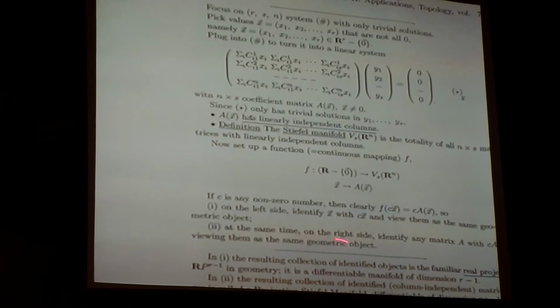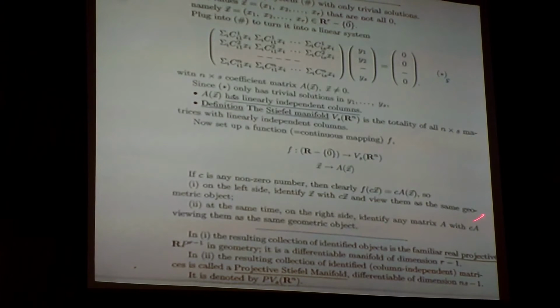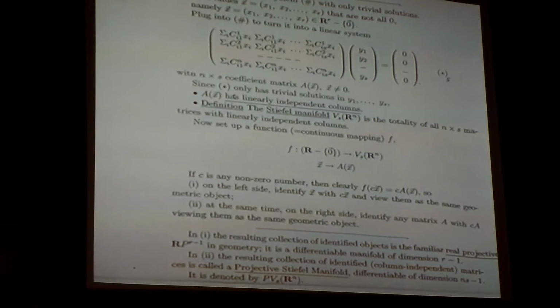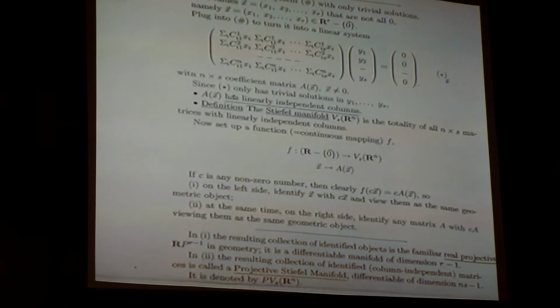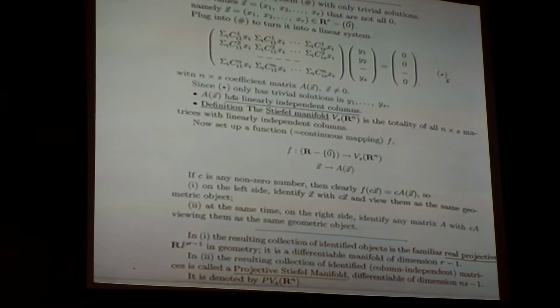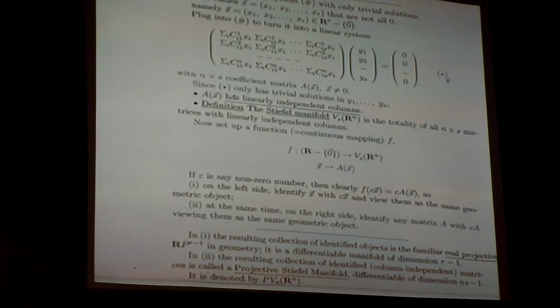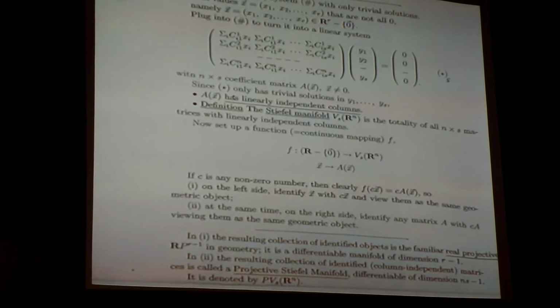And on the right-hand side, we take those matrices with column independence, and we also do the same identification. We identify any matrix A with C times A. Many speakers before me had talked about identifications. That is a very common procedure in mathematics, and for good reason. Mathematicians do identification for a purpose.